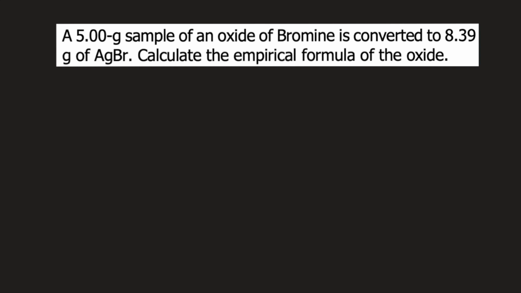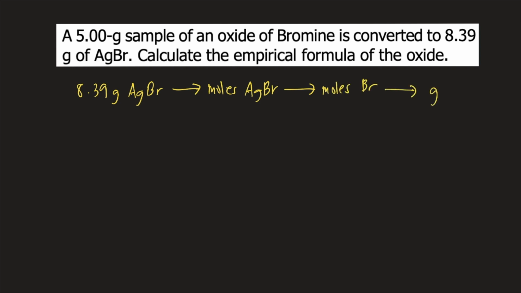and AgBr. So we are given in the problem 8.39 grams of AgBr. We can convert this into moles of AgBr, and we can convert this into moles of bromine, and finally we can convert this to grams of bromine.